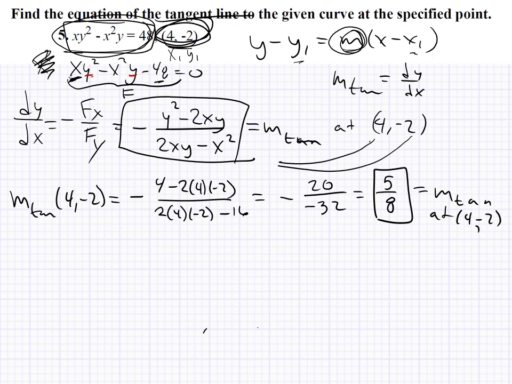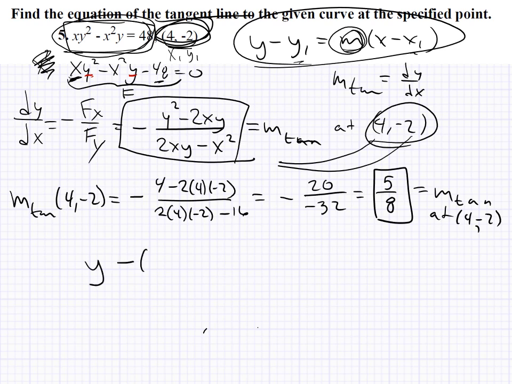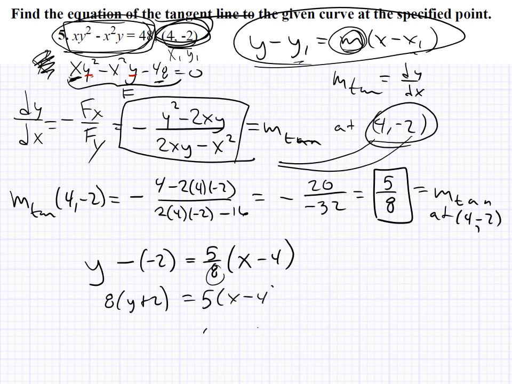So now I take that slope, I take this point, I use the point slope formula, and I got everything I need. So y minus negative 2 equals 5/8 times x minus 4. I'll multiply the 8 over so I don't have to deal with fractions. So 8 times y plus 2 equals 5 times x minus 4. So 8y plus 16 equals 5x minus 20.